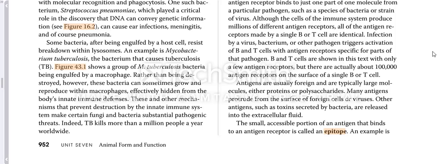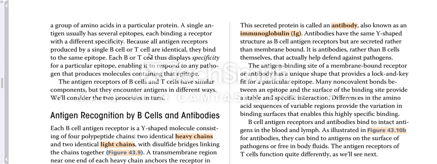And as you can see down here, the part of the pathogen that binds to the T or B cell is called the epitope. Moving on, this section just says that the pathogens bind to many different cells.